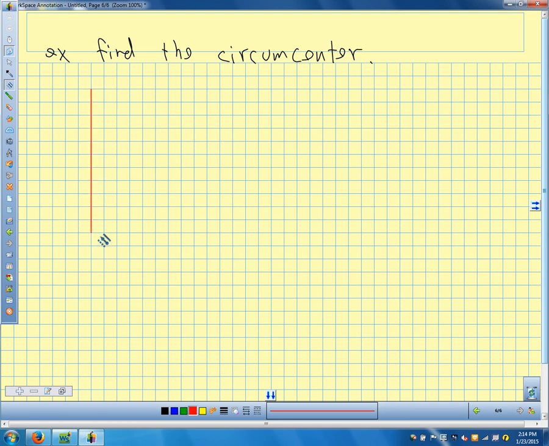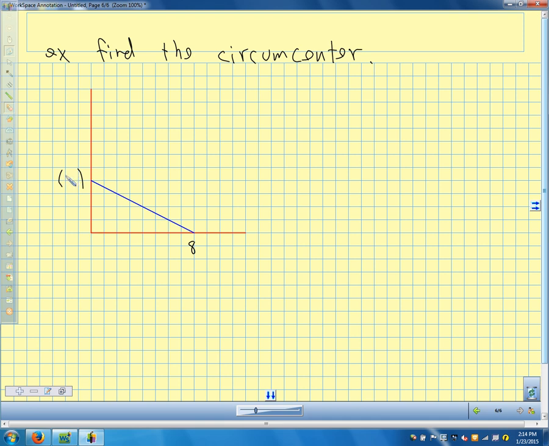There's the y-axis, and there's the x-axis, and I'm going to draw a triangle on here. This point is 4, 0, this point is 0, 4, this point is 8, 0, and this point is 0, 0.